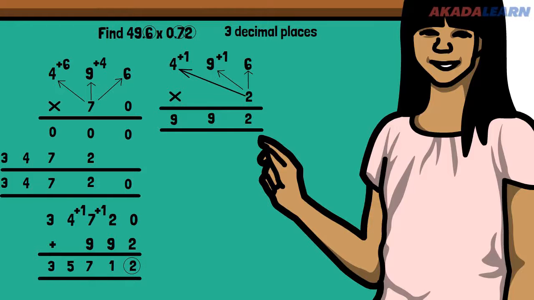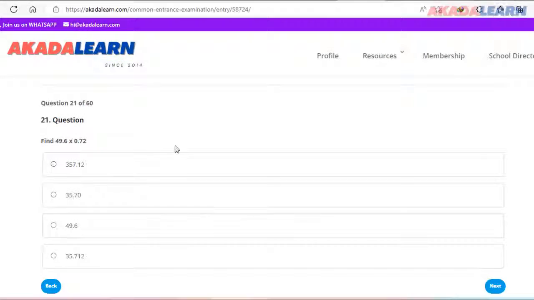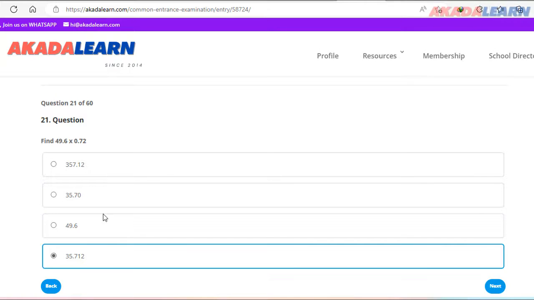So from the right we move 1, skip 2, move once again, skip 1, and for the third decimal place we skip 1 again. So the decimal point will be just there. So that's 35.712, which is our final answer. We can see from the solution that the answer is 35.712, which is this.